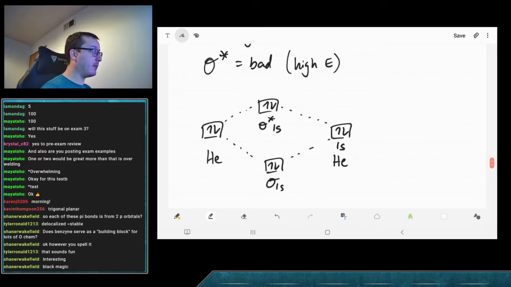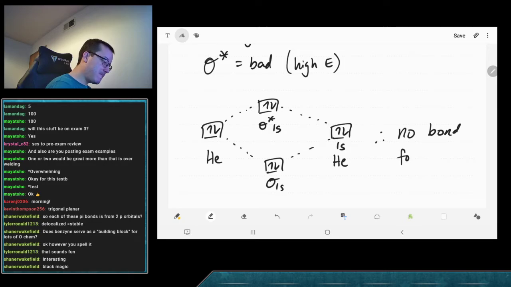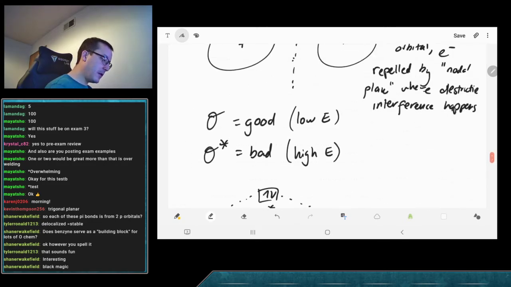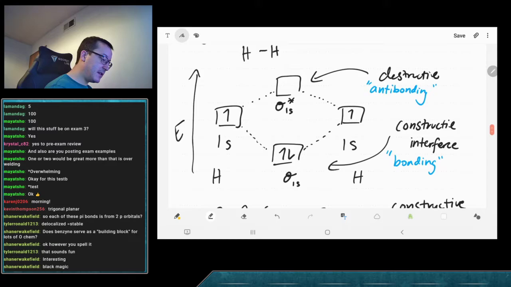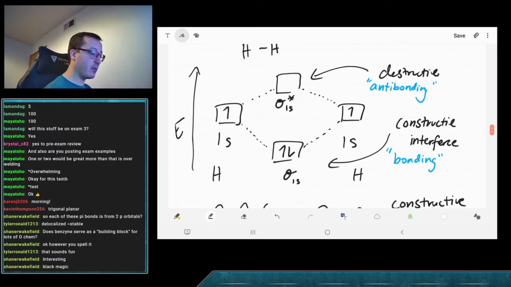So let's think about what that means. We have 2 electrons that are lower energy, 2 electrons that are higher energy. We're going to see that this results in no bond formed. The hydrogen example, we see that we have electrons in a bonding orbital.